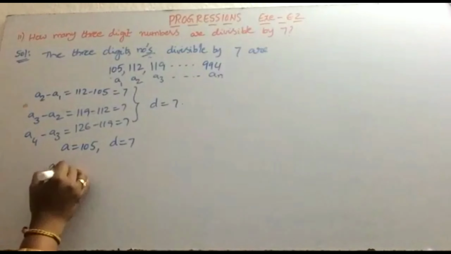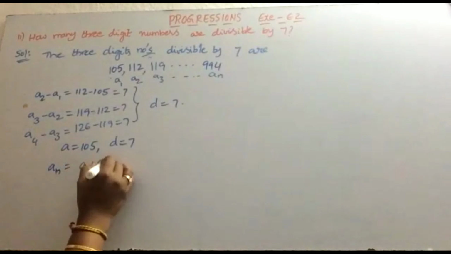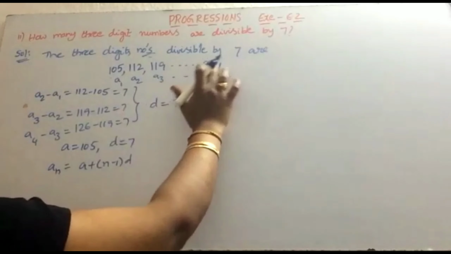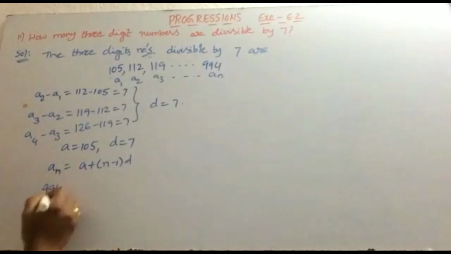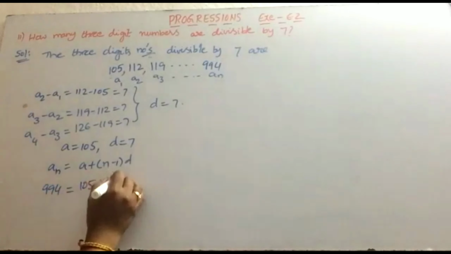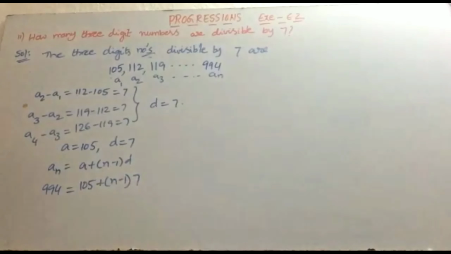AN is equal to A plus N minus 1 into D. Here AN is 994. So 994 equals 105 plus N minus 1 into 7.